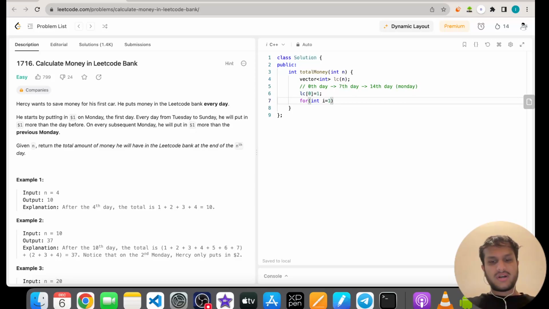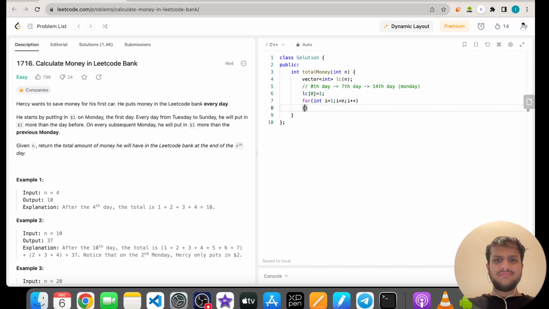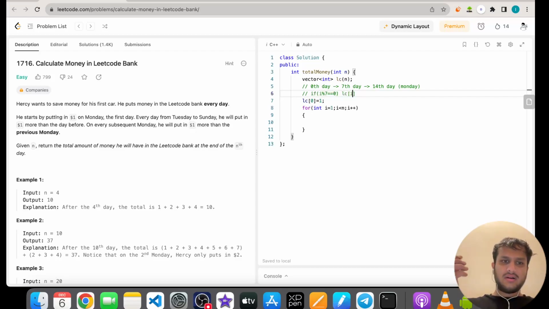For the remaining days we iterate with a for loop, up to n, i plus plus. So what will be the condition if i is a multiple of 7, that is if i percent 7 is 0, then the coins on that day will be the coins on the previous Monday plus 1.